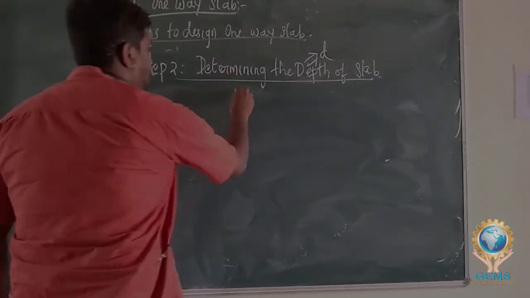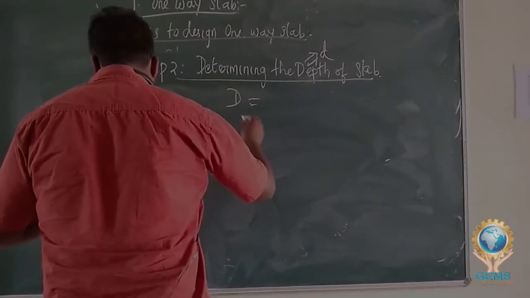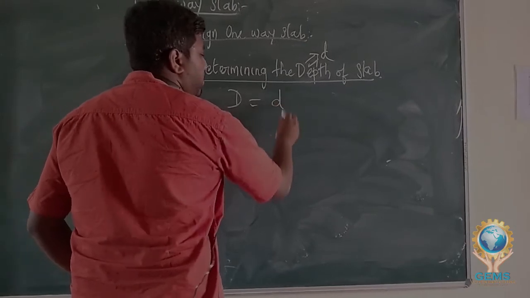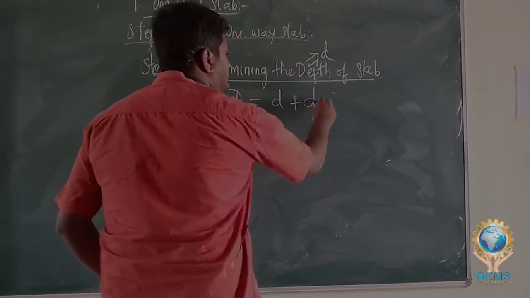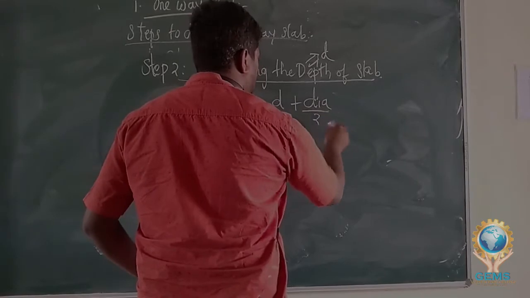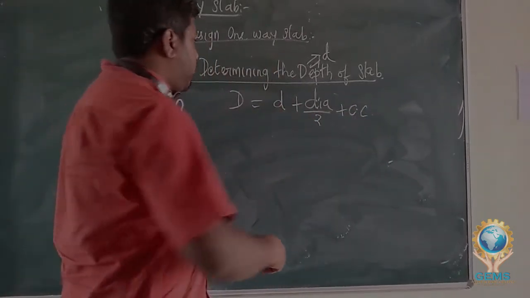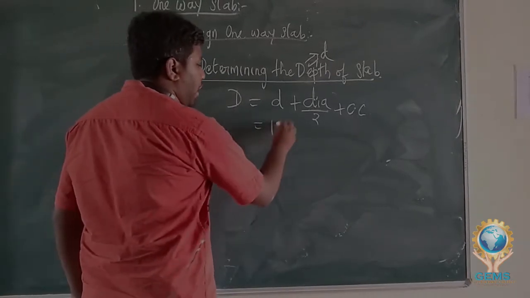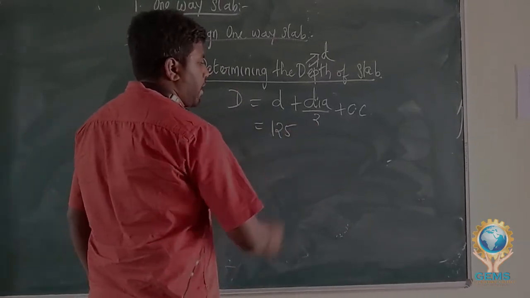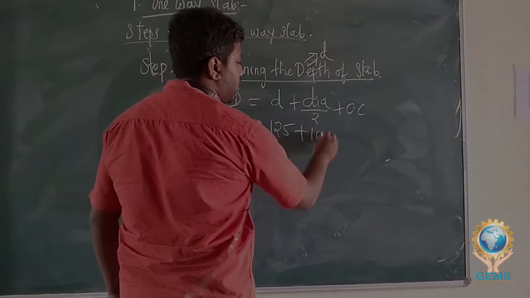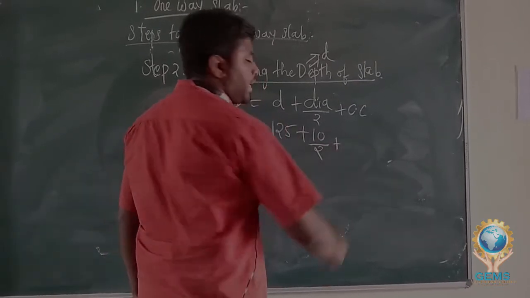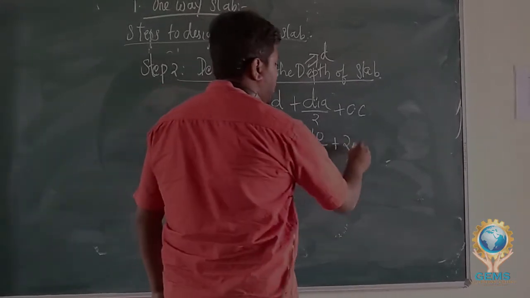Okay, the next step is, in step 2 itself, you have to calculate the overall depth. That is capital D. Overall depth is nothing but the effective depth plus dia of the bar by 2 plus clear cover. For example, if the effective depth is 125, and the dia of the bar is 10 divided by 2, plus clear cover, for example, we take 25.